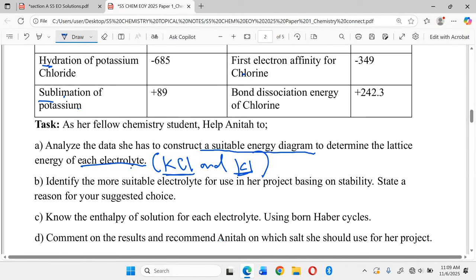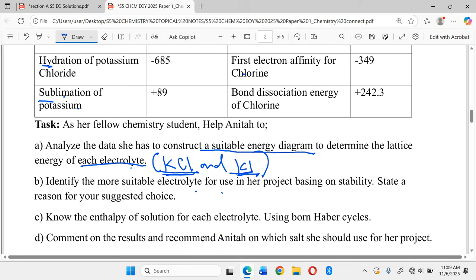So we have finished determining the lattice energy for potassium chloride and for potassium iodide. Now, part B: identify the more suitable electrolyte for use in her project based on stability. State a reason for your suggested choice.